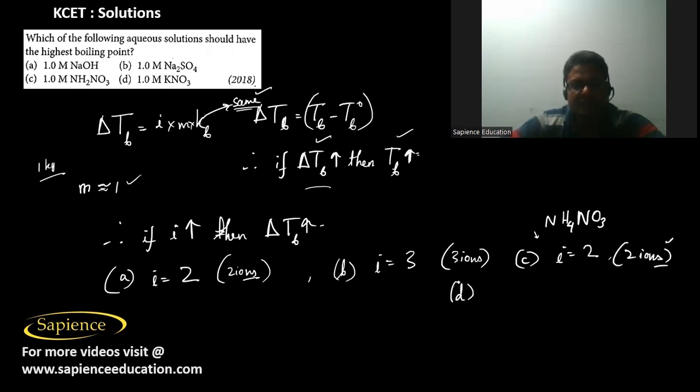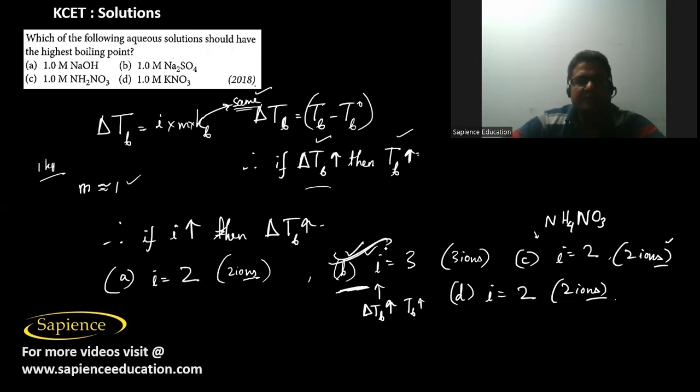And in option D, the Van't Hoff factor i is 2, since it will give two ions in the solution. Therefore the i value is the highest in option B. So in option B the elevation in boiling point will be highest, and so the boiling point of the solution also will be highest. So option B is the correct answer.